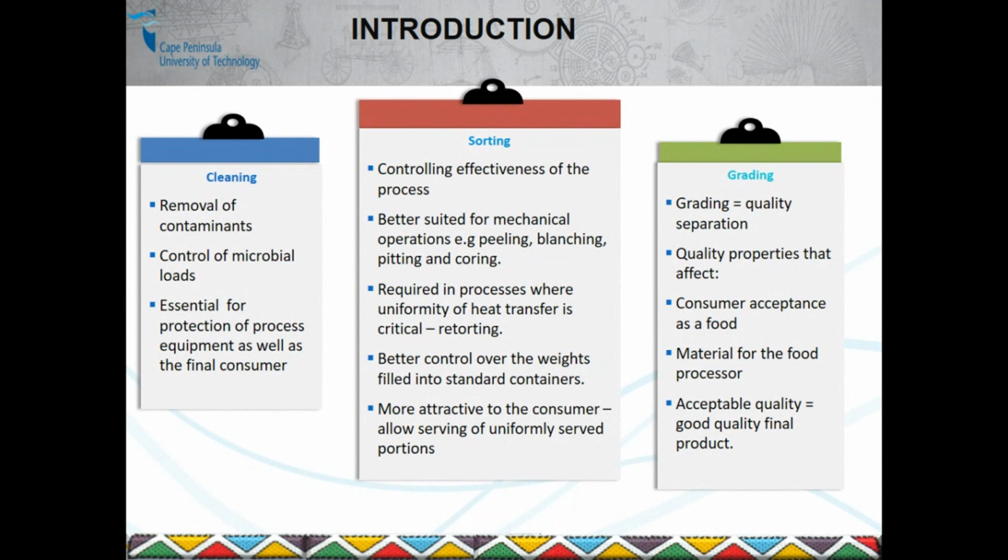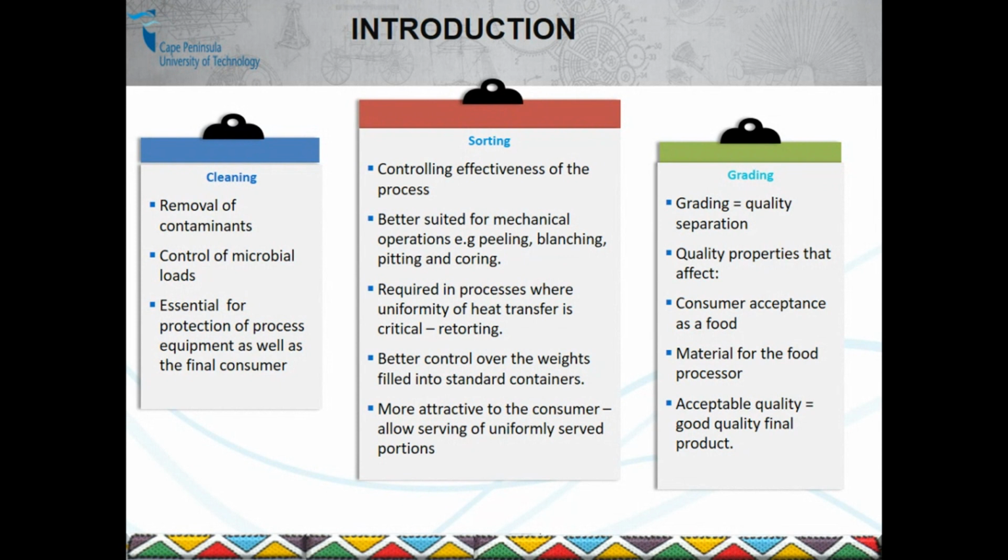And we said we also want to clean raw materials because we want to control the microbial loads to reach a level that is acceptable for further processing. And then we said cleaning as a unit operation in the food industry is essential for the protection of the process equipment, but also the final consumer, because we don't want the consumers to get sick.